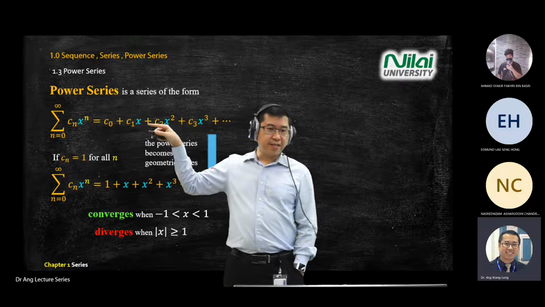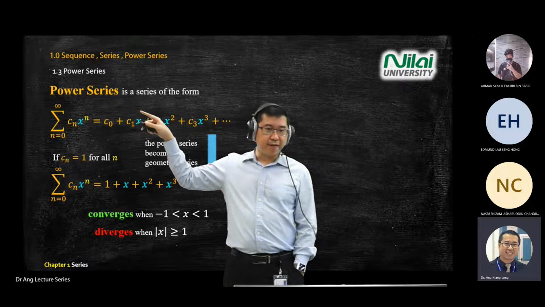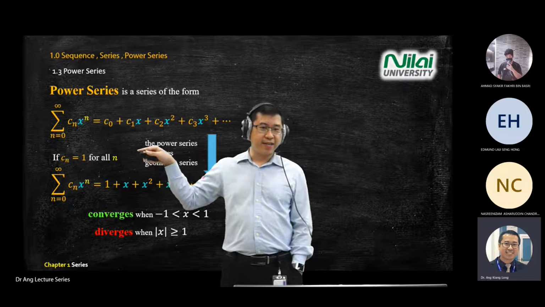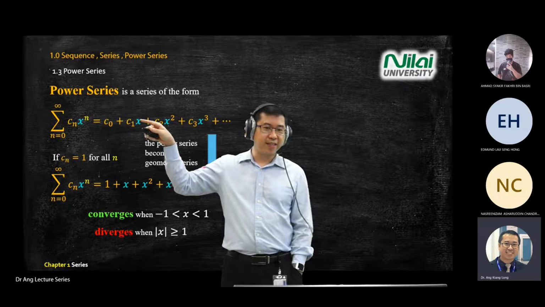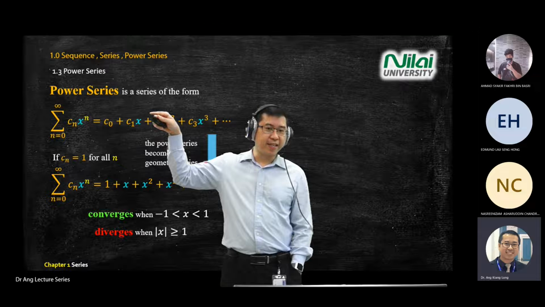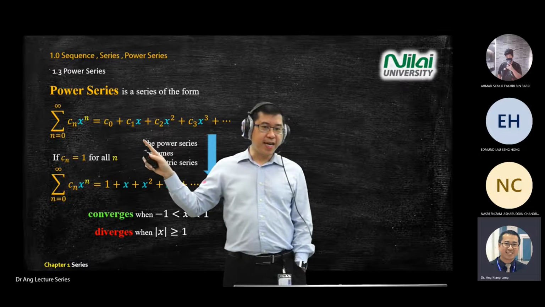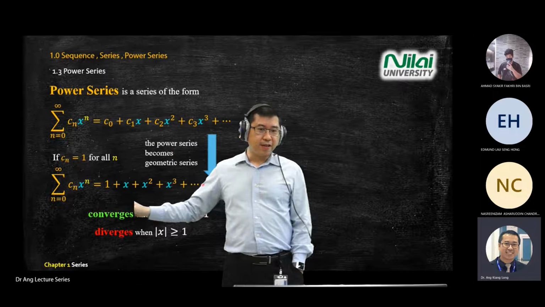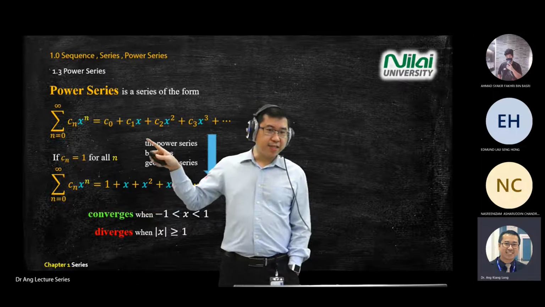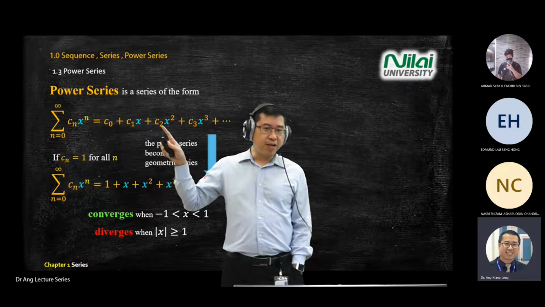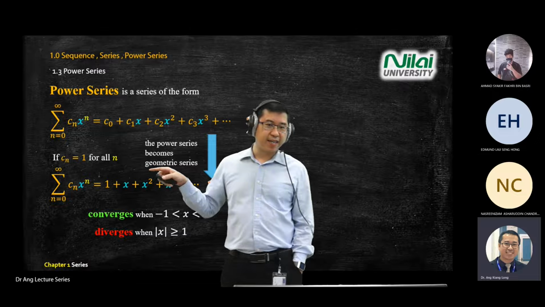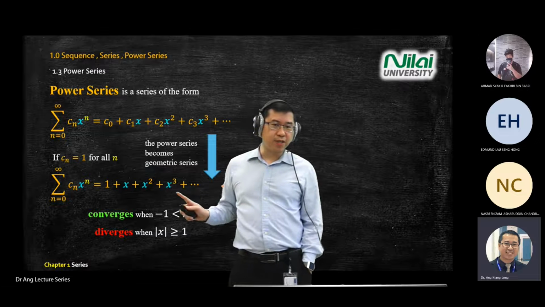C sub n x power n. So now all the Cn is 1. Then you continue changing your n only. So that's why all the Cn in the equation is 1. Then the first one is Cn x power n. n is 0. So that's why you get 1 there.